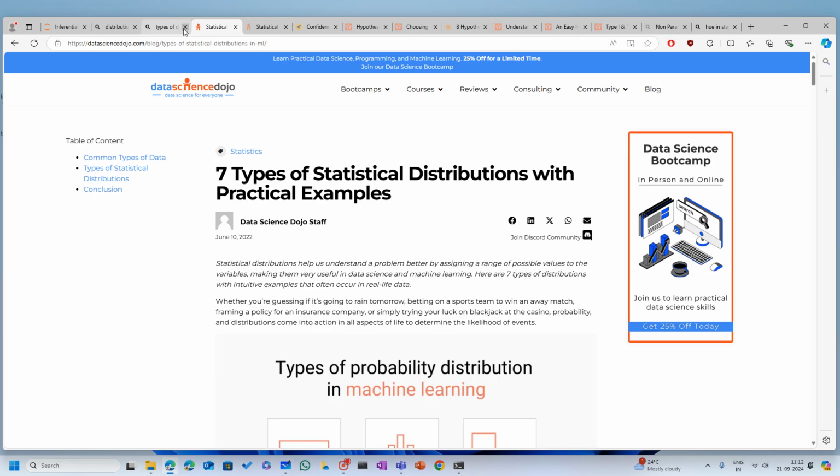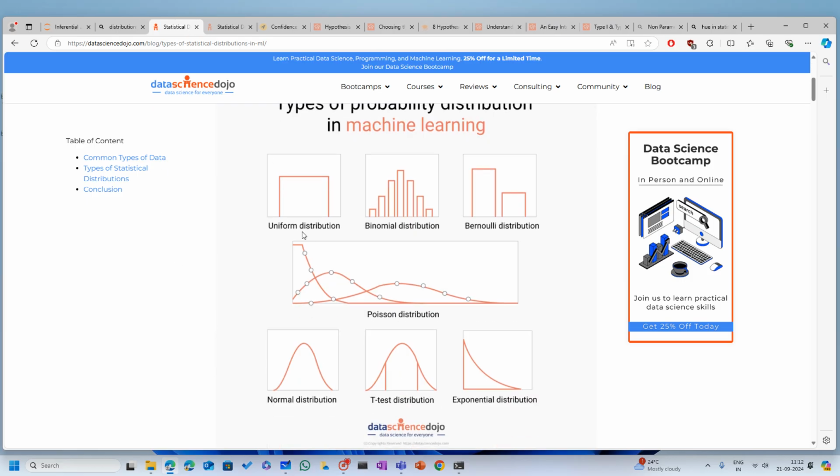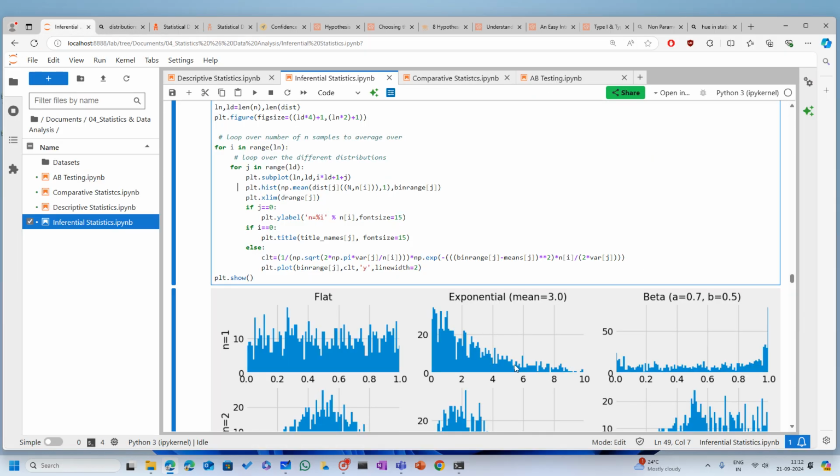So if you notice, the distributions will look something like this. This is what uniform looks like. This is binomial, this is Bernoulli, Poisson. Exponential looks like this. It is at the peak initially, then it goes down, right? So that is what we see here. And likewise you see the beta distribution. Slowly, first initially it will be low and then it will increase.